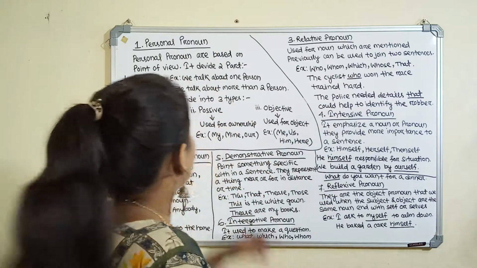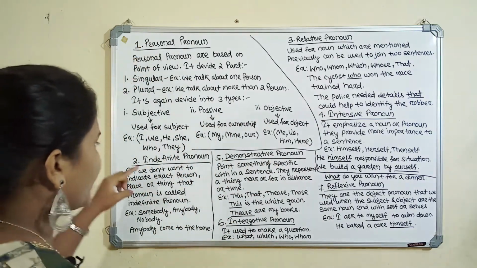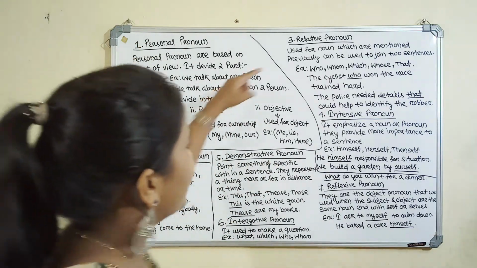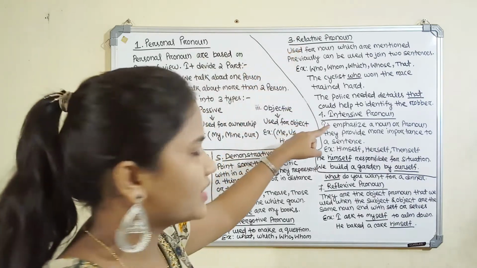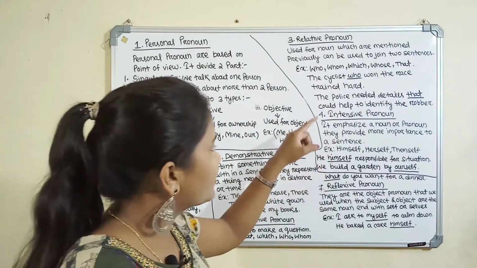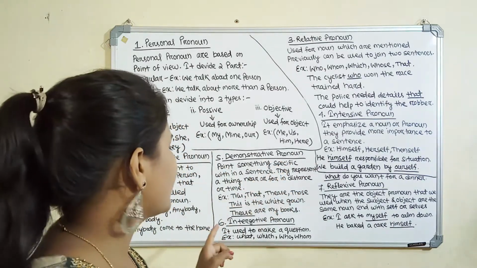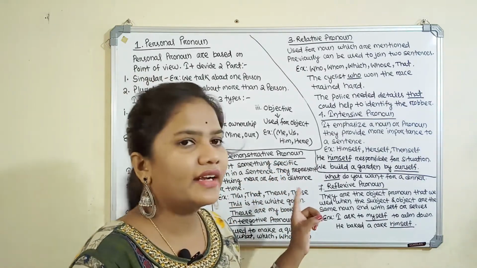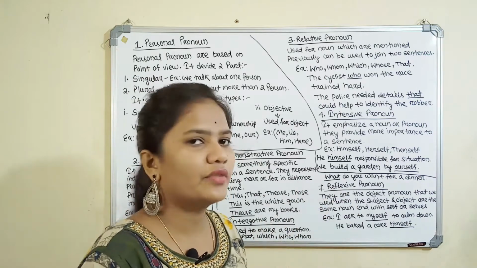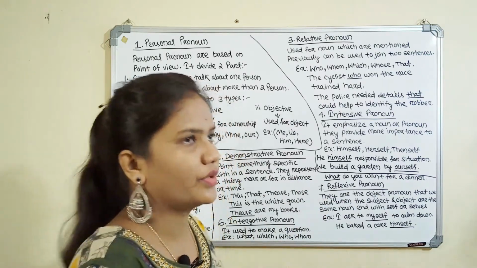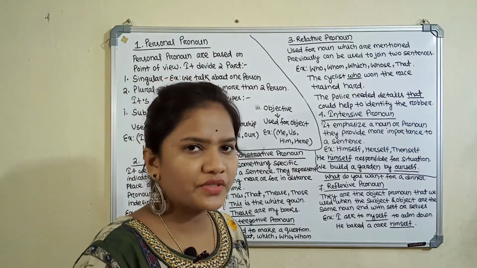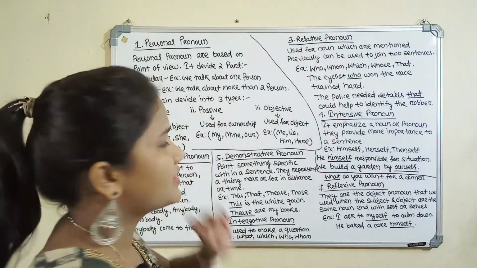First is personal pronoun, second is indefinite pronoun, third is relative pronoun, fourth is intensive pronoun, fifth is demonstrative pronoun, sixth is interrogative pronoun, and the last one is reflexive pronoun, that is the seventh. First we have to discuss the personal pronoun.